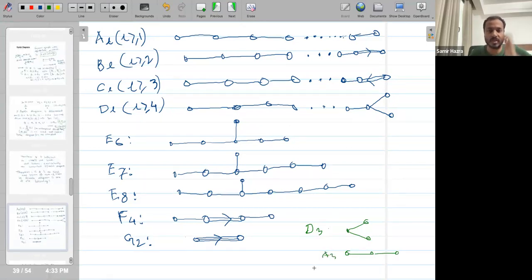Okay. Similarly, why don't we include E5? Only E6 is there. E6, E7, E8 are there, but E5 is not. So for example, if we want to draw E5, what is it? In a similar fashion, we can draw this. This is E5, but this is nothing but D5.